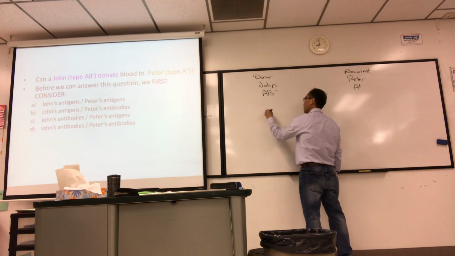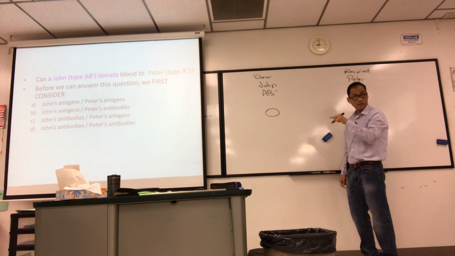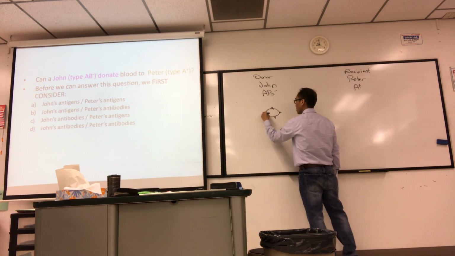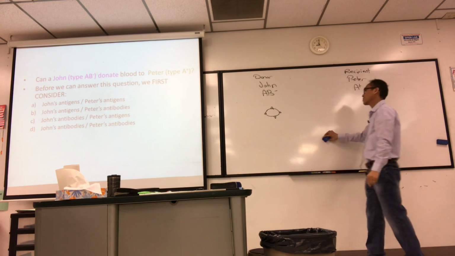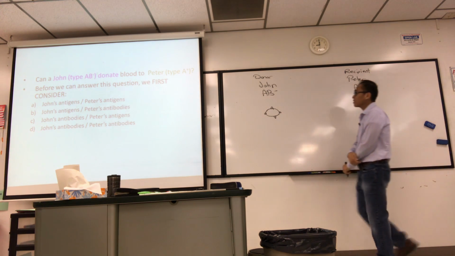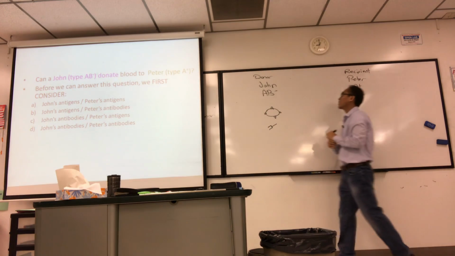If you're AB negative, the antigens you have are A and B. So triangles and circles. Which antibodies does John have? The antibody against Rh. Very good.